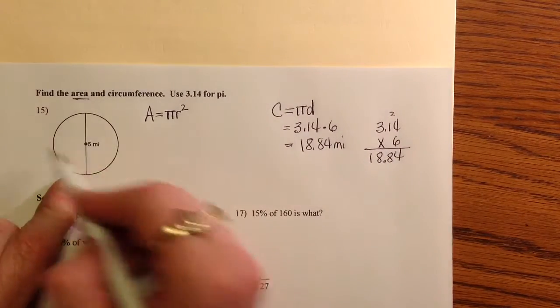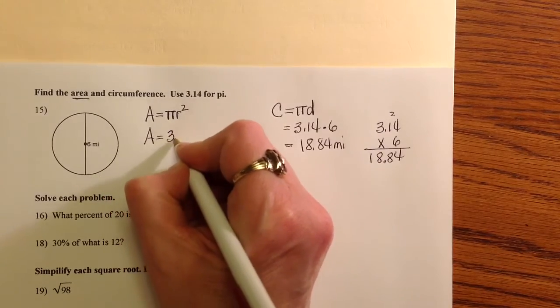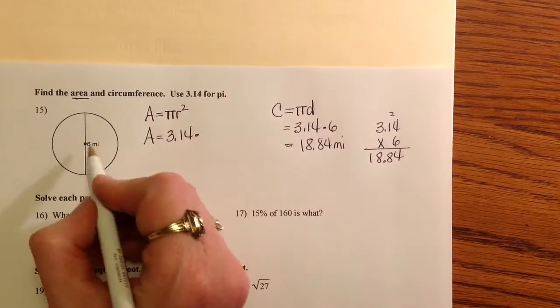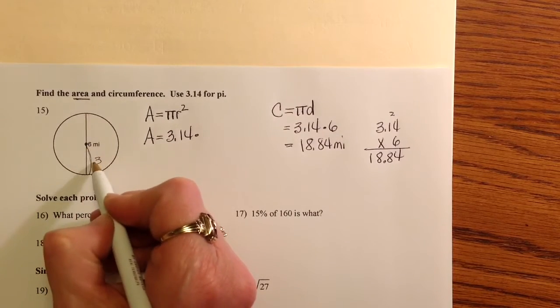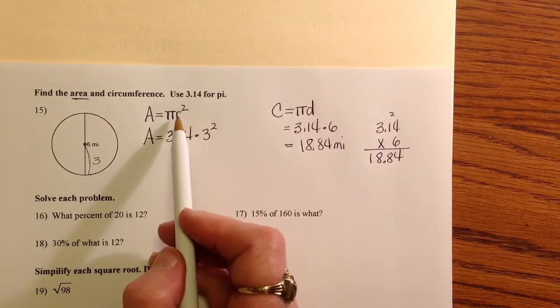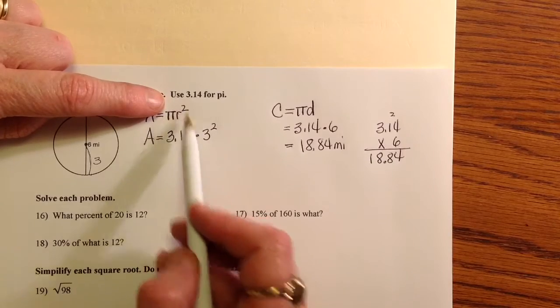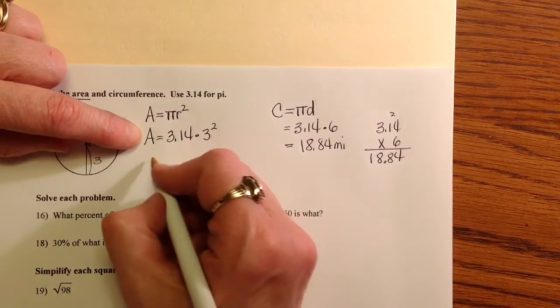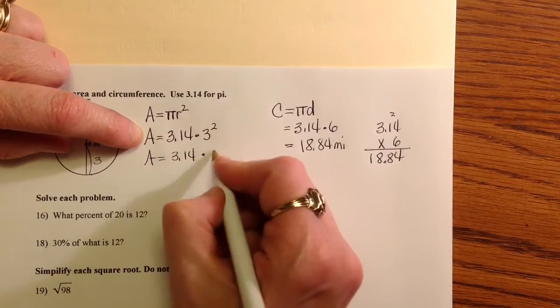Now area is covering the circle. So we've got pi times, now if the diameter is 6, then from here to here is the radius, and that's 3. So we're only squaring the radius. Aunt Sally says you do parentheses, which we don't have, and then you do the exponents, and then you do the multiplication. So I've got 3.14 times 3 squared, which is 9.